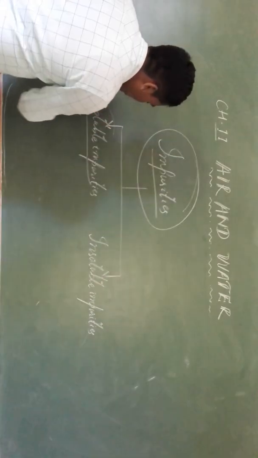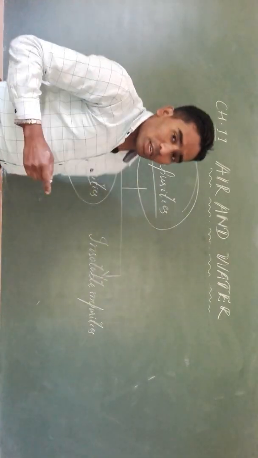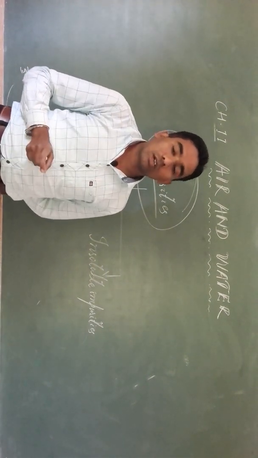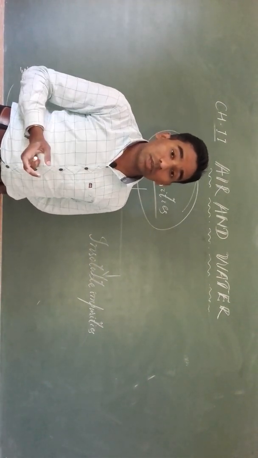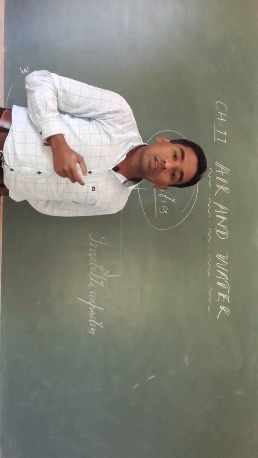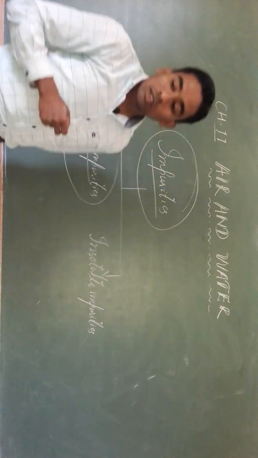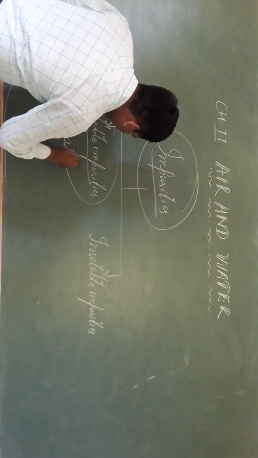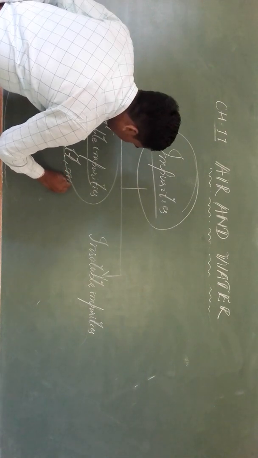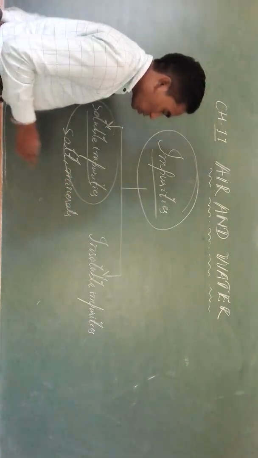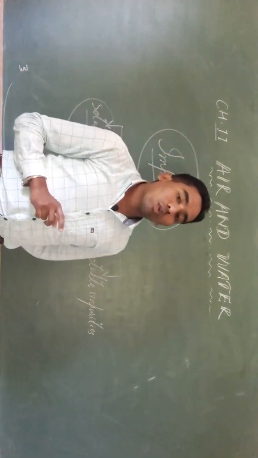What are the soluble impurities? Soluble means which can mix, which can dissolve inside the water. What are the different substances which can be dissolved, which can mix within the water, like sugar, salt, minerals. Yes or no? Like salt, minerals. These are the substances which can mix within the water.